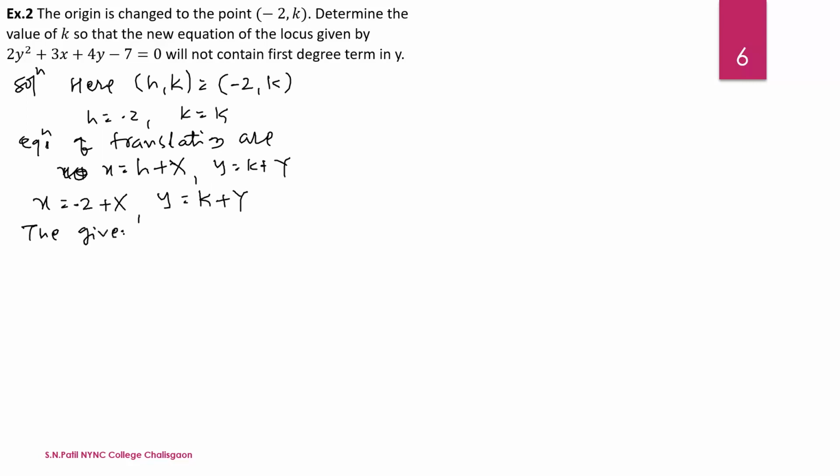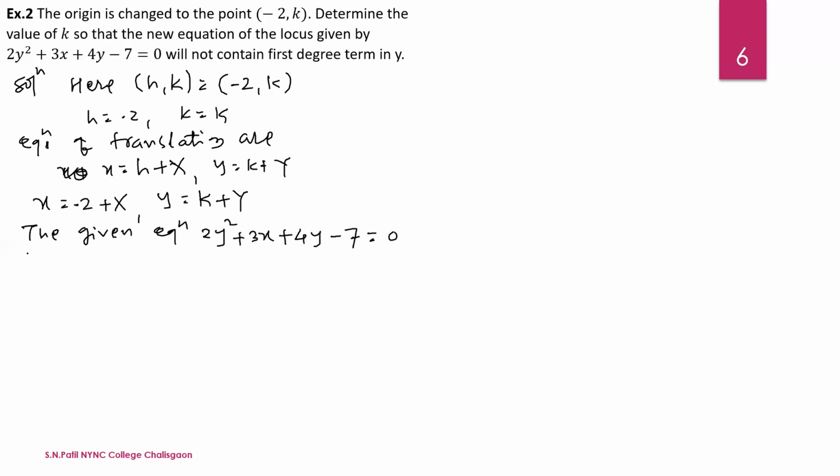Okay, the given equation is 2y square plus 3x plus 4y minus 7 is equal to 0.